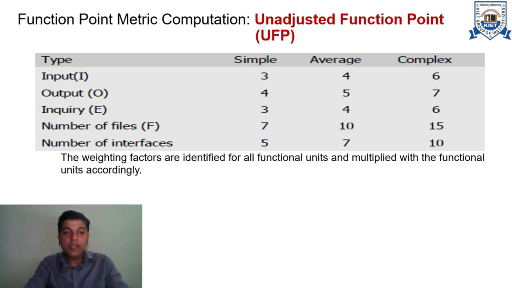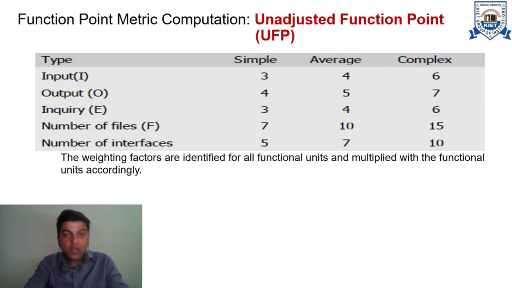For example, if the input is implemented in a simple way, in that case input gets a quantum value equal to 3. If we have an implementation of output which is of average type, then the quantum value associated with that output is 5.